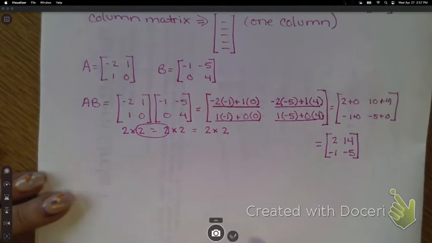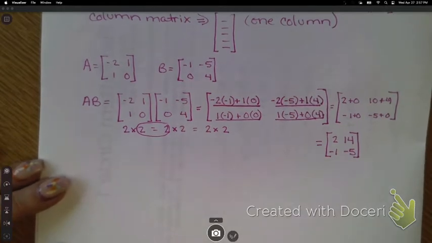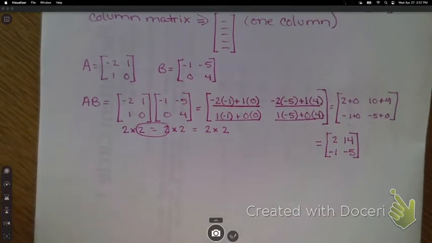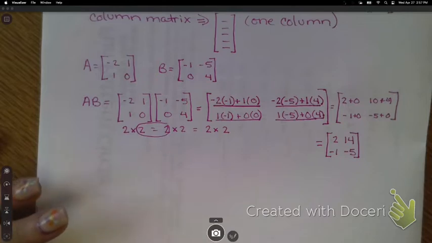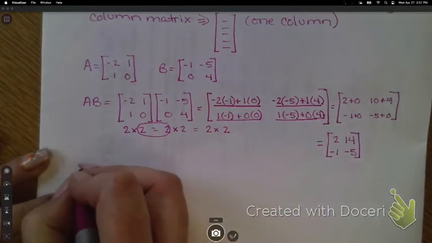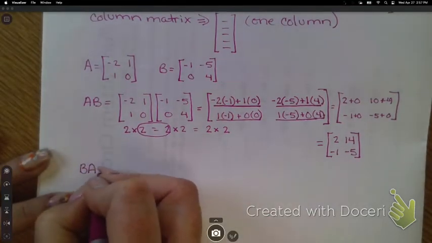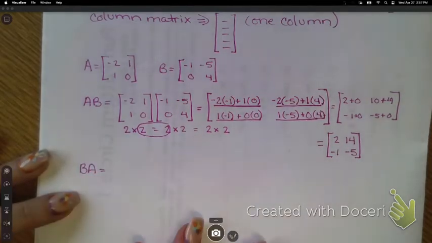So I said in general, matrix multiplication is not commutative, is it? No. If it is commutative, it's called the identity, and you end up with the identity matrix that we'll see in a little bit. But let's see if AB equals BA.